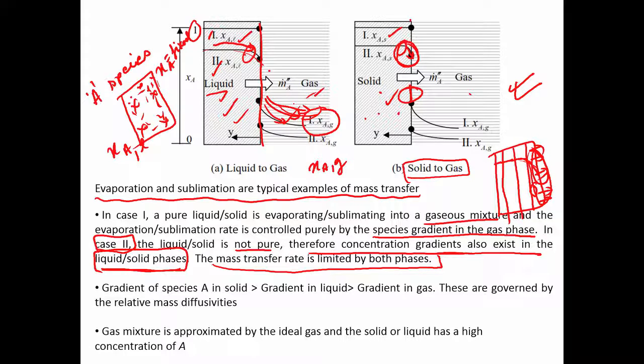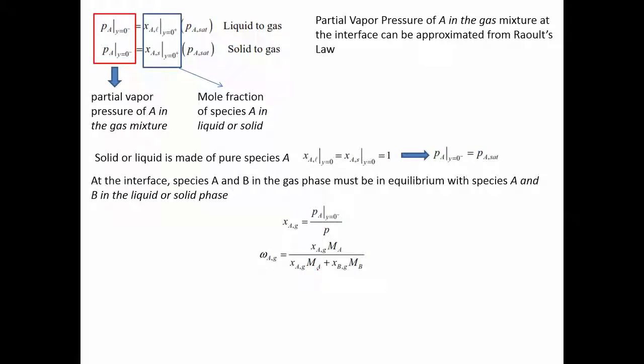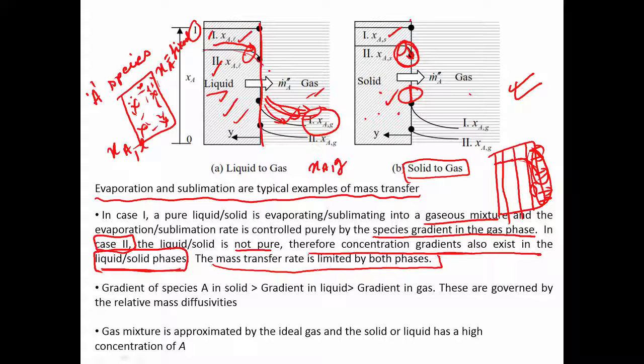When you have a saucer of water, let us consider this example. Let us go to the journal. Let us look at this: you have a saucer full of water.